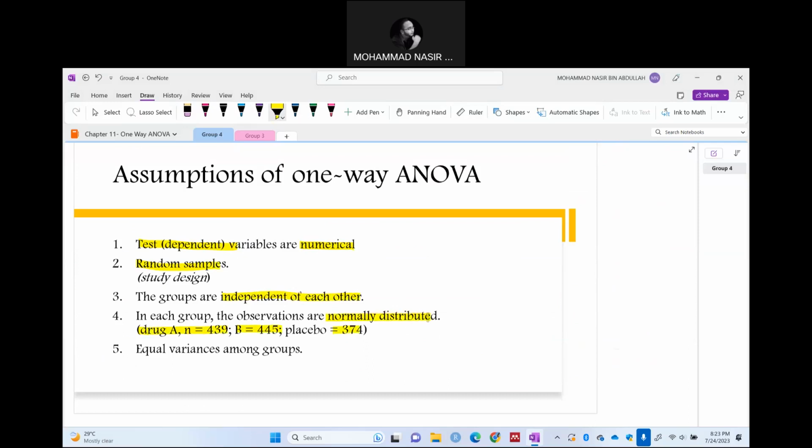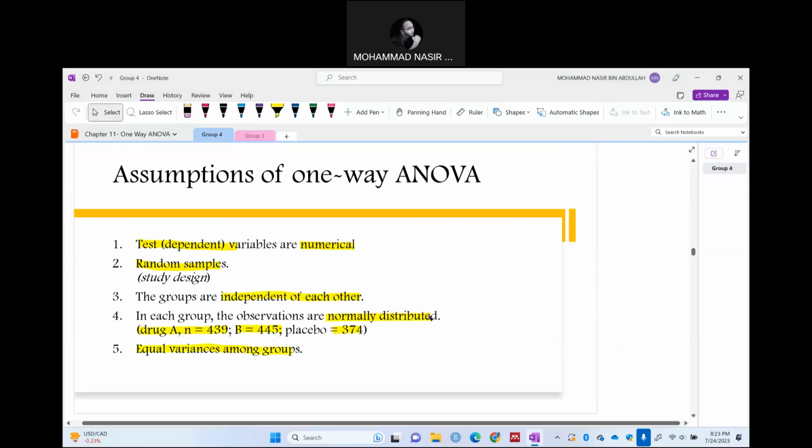And the last assumption is equality of variance among the groups, right? But in our chapter, our syllabus, we are not going to test the normality assumption or the equality of variance. We just want to establish the one-way ANOVA table and test the significant difference on mean between the groups, right?